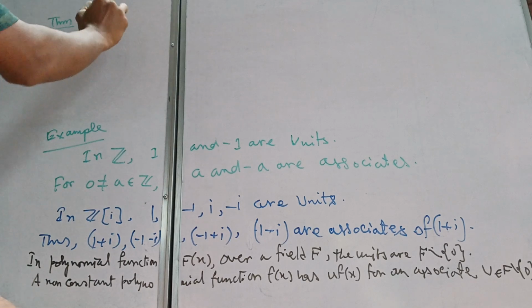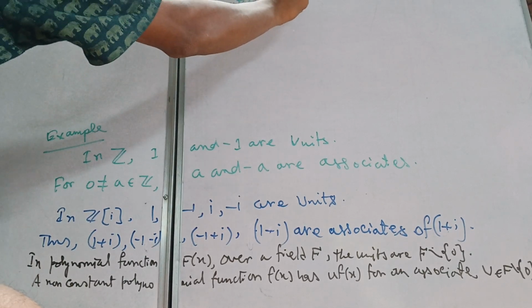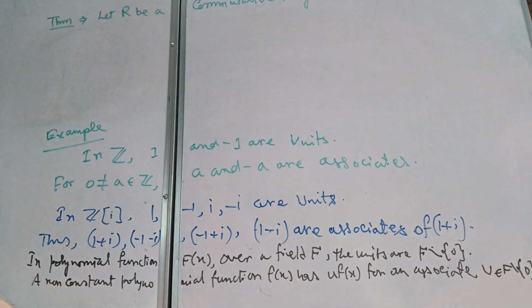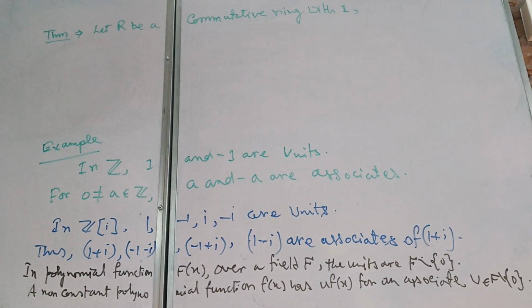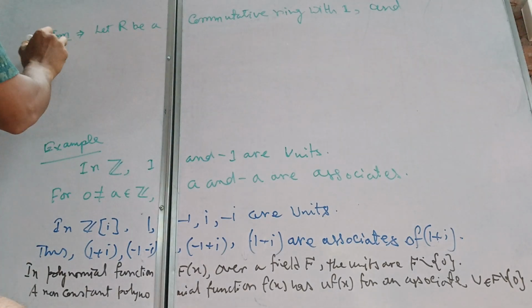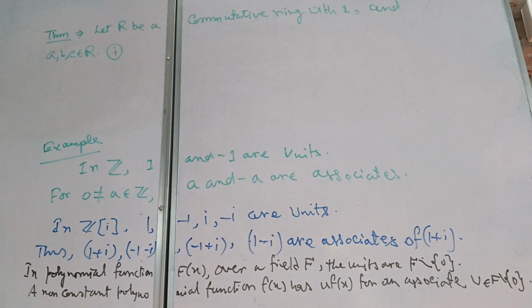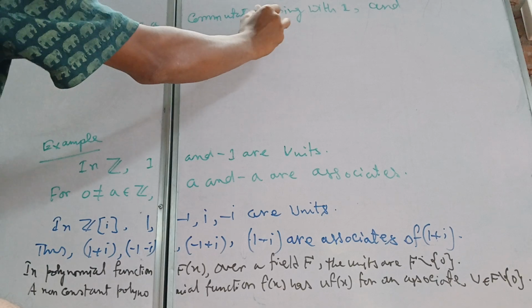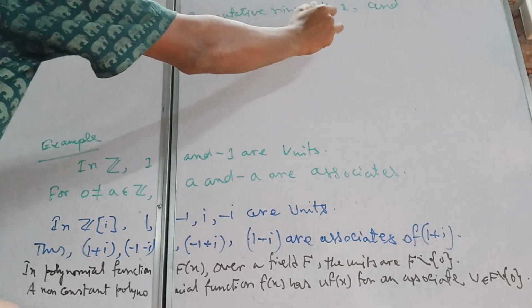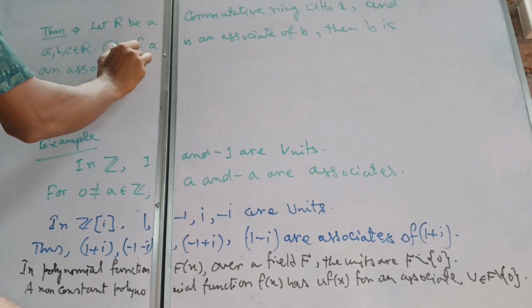Here, let R be a commutative ring with 1, and A, B, C belong to R. Then, first: if A is an associate of B, then B is an associate of A.